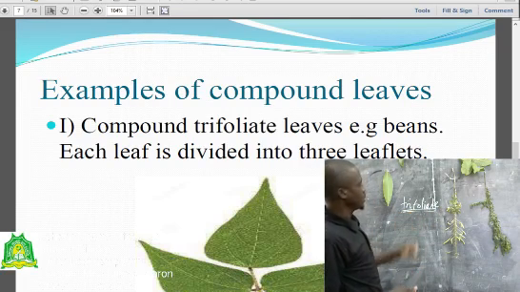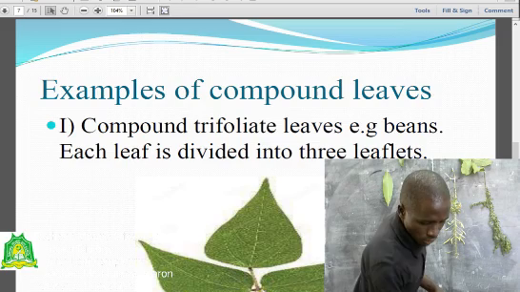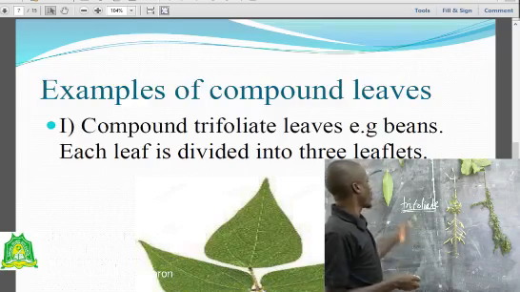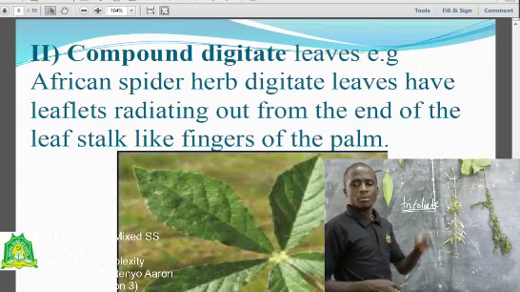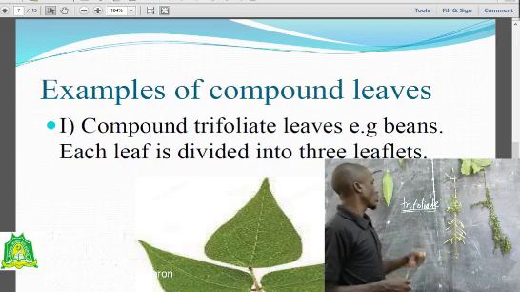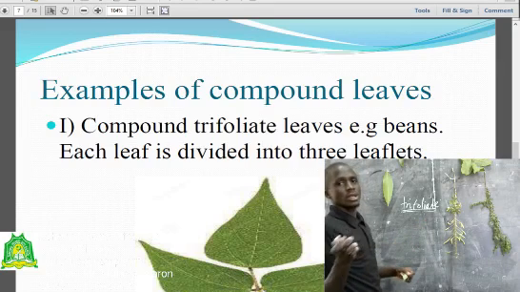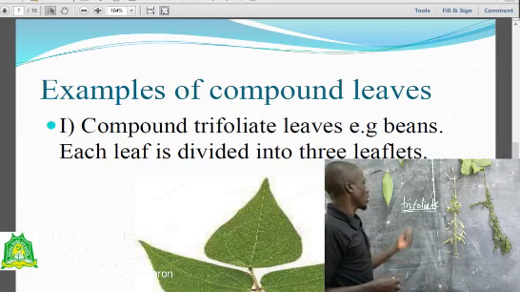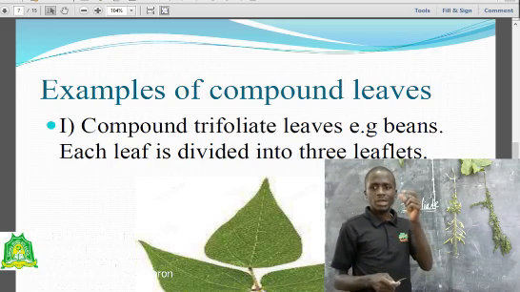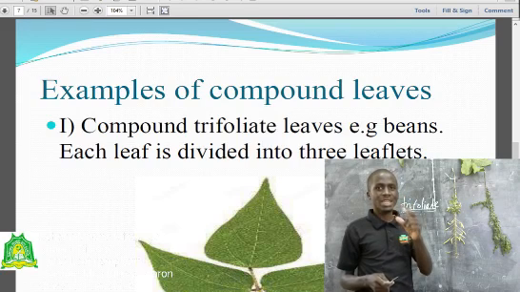So a bean leaf, for example, I have shared with you, is considered to be compound trifoliate because the leaf lamina is divided into 3 leaflets. It's already illustrated on the screen there, so I may not take you into details of it, but it is very important in classification.